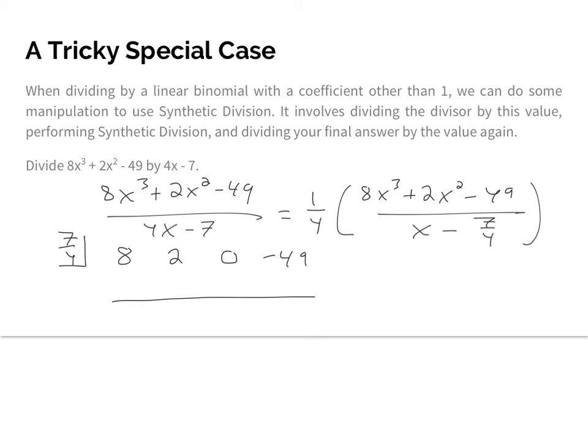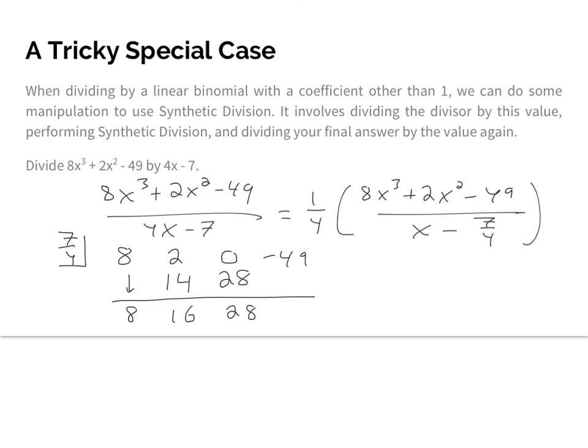So let's go ahead through here, bring down the 8. 8 times 7/4, okay, not so bad, cancels a little bit. 7/4 times 8, 4 and 8 cancel to make 2, that gives me 14. 2 plus 14 is 16. Then I can do 16 times 7/4. Once again, the 16 will cancel with the 4 to make 4 times 7 is 28. Bring down, add those together, get 28.